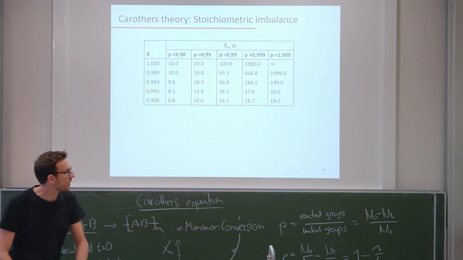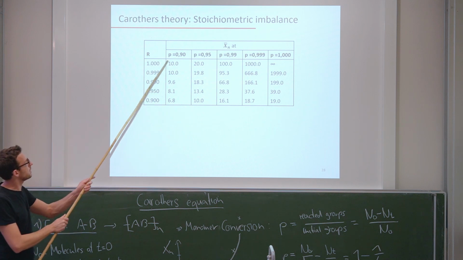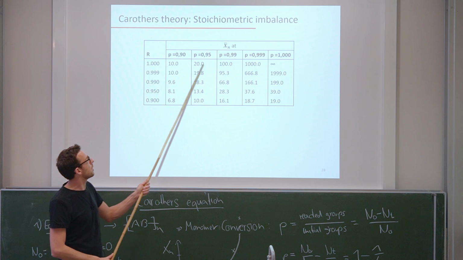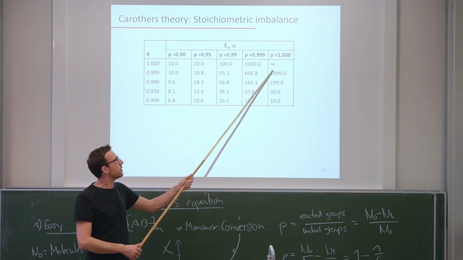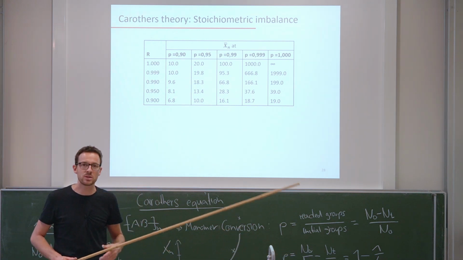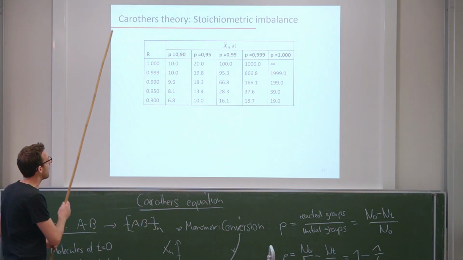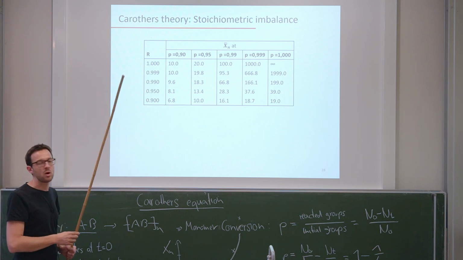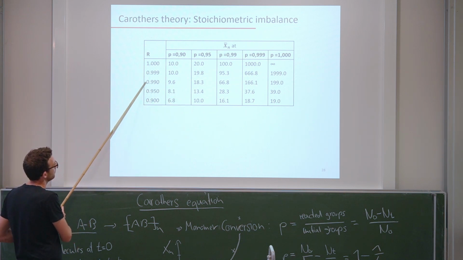Now let's look at the numbers. Here, this is the degree of conversion. So we already see for perfect stoichiometry, this goes up really, really quickly. And infinity here simply means all monomers are consumed, so it actually depends on how many monomers you have. But now if R becomes a bit less perfect, let's look at, for example, this one here.